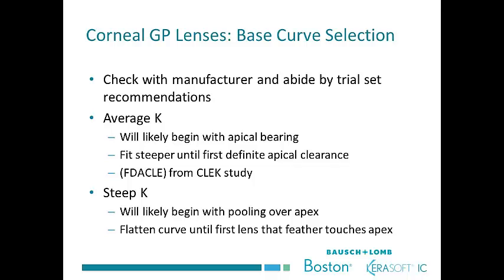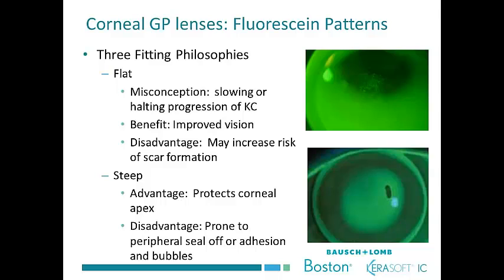Let's talk about fluorescein patterns. There's three basic fitting philosophies. First, there's the flat fitting philosophy, as you can see on the top right. A misconception of fitting flat is that some people suspected that by fitting flat it would slow or halt the progression of keratoconus. In fact, that doesn't happen.